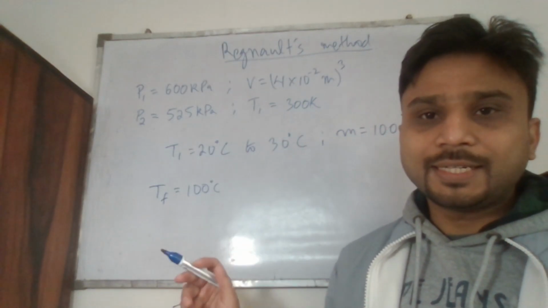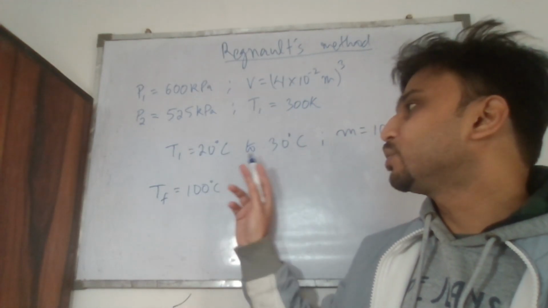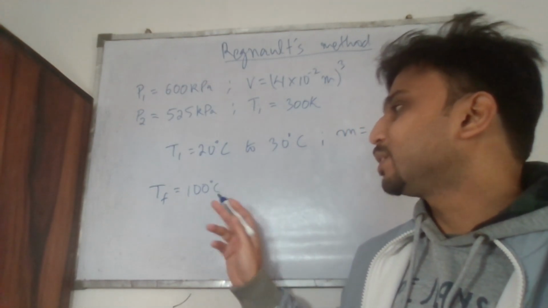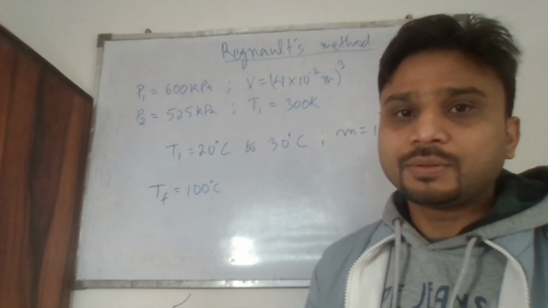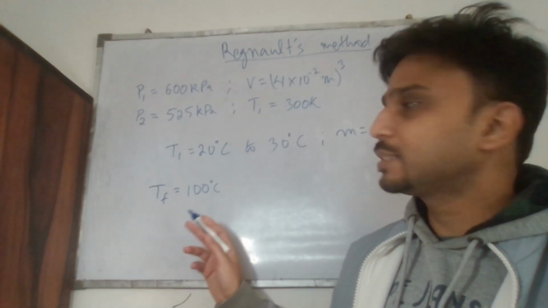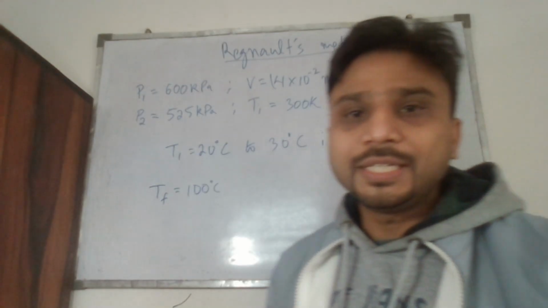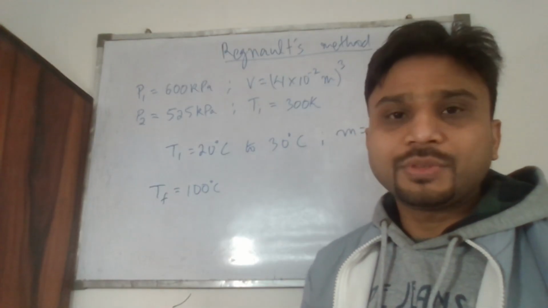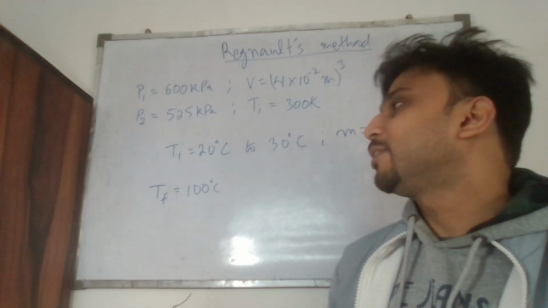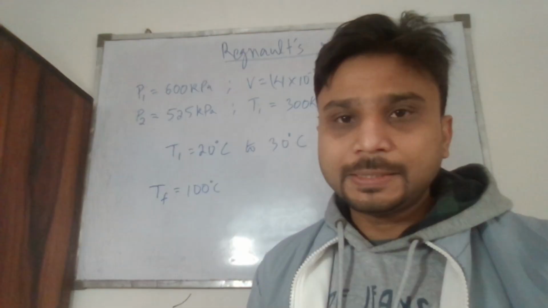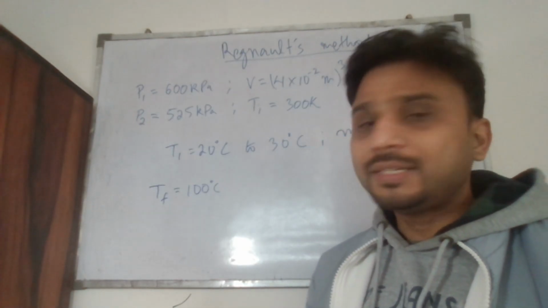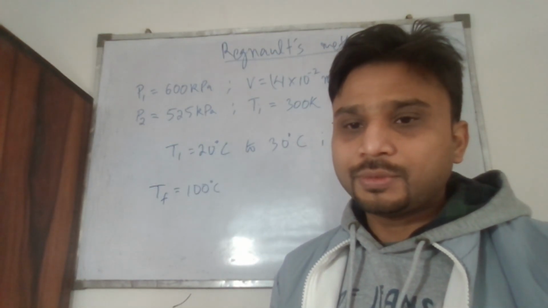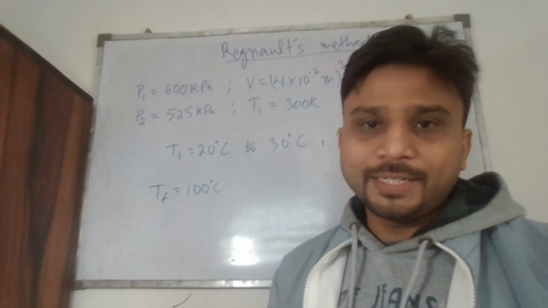Now what happens is that this heated gas is passed through the calorimeter. So after passing through the calorimeter, the gas is giving heat to the calorimeter. So initially the heat exchange would have happened at 20 degrees Celsius, and finally at 30 degrees Celsius. That is, the calorimeter is slowly gaining heat.